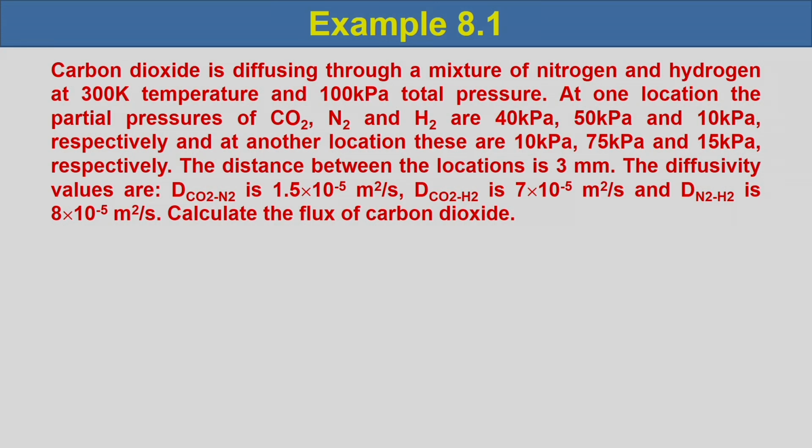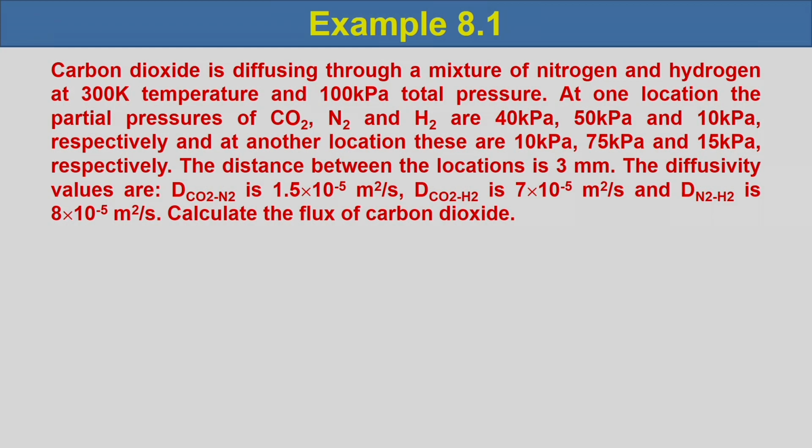The distance between the two locations is 3 millimeter. The diffusivity values are given. D_CO2-N2 is 1.5 into 10 to the power minus 5 meter square per second, D_CO2-H2 is 7 into 10 to the power minus 5 meter square per second, and D_N2-H2 is 8 into 10 to the power minus 5 meter square per second. Now, calculate the flux of carbon dioxide.